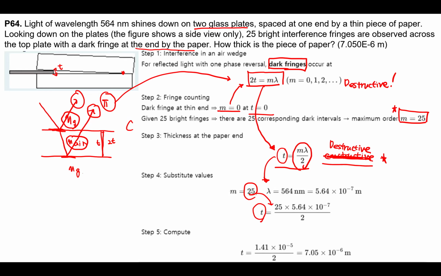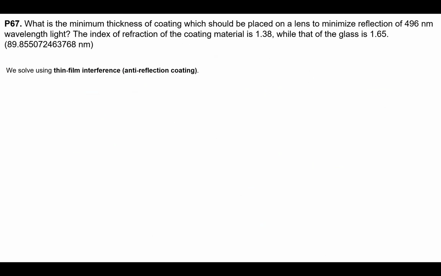At t in this case, you get m equal to 25. That's the key point. Once you find out m, you go back to this formula and plug in the right numbers. So in the case of interference, it's absolutely important to find out the correct integer.